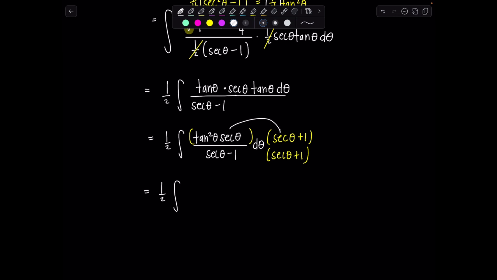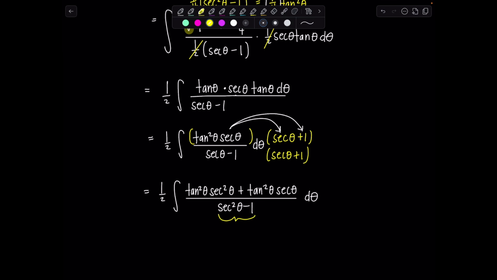So we're going to just distribute. The numerator's easy peasy: tan squared theta secant squared theta plus tan squared theta secant theta, over, what's the denominator going to be? Secant squared theta minus 1 d theta. But who is secant squared theta minus 1? Yes, tan squared theta. So I can cancel tan squared theta and the entire denominator out.